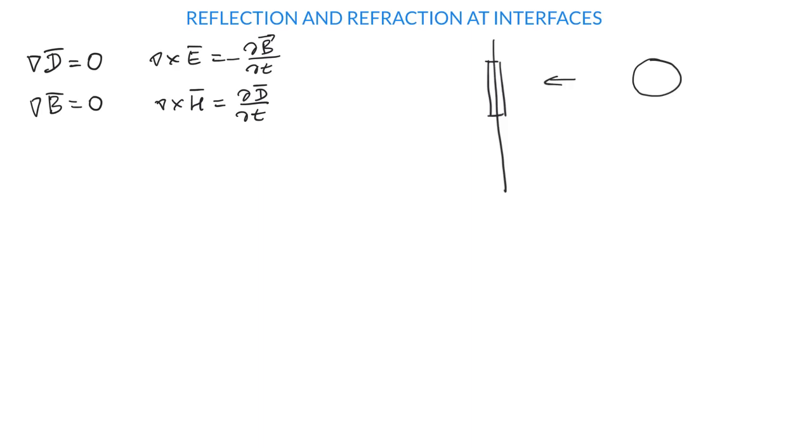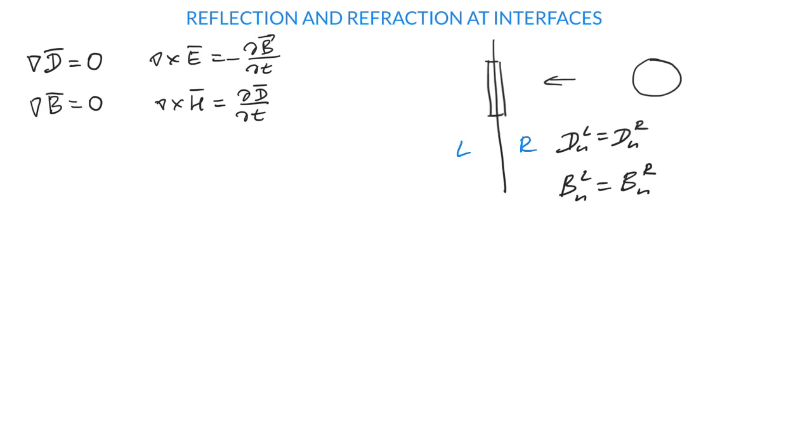And then from the equations for the divergence, we'll find that the normal components of D and normal components of B on the two sides of the interface must be continuous. Here, L and R mean the left and right sides of the interface.